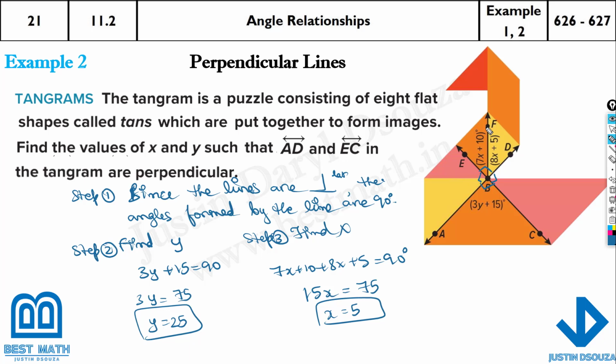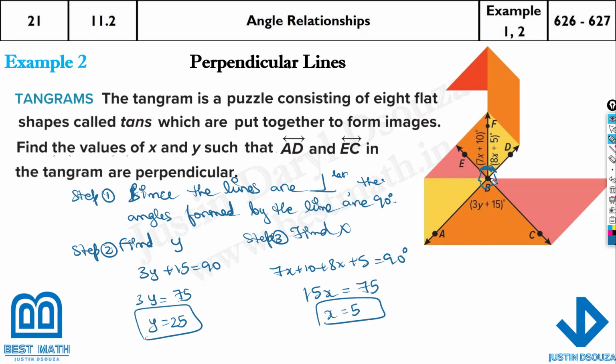I remember one of the students before had asked me, why don't we take this as 45 degrees because it's half of 90? See, when they have not mentioned something, don't do that. In this case, yes, it's correct. If you put x over here, 8 times 5 is 40, plus 5 is 45. Yes, it works. But don't do it because it may not be exactly 45.